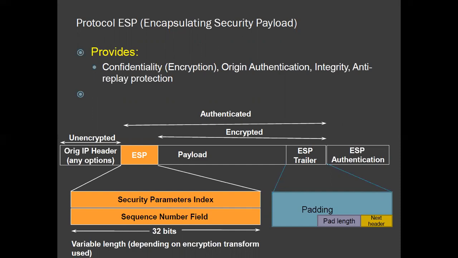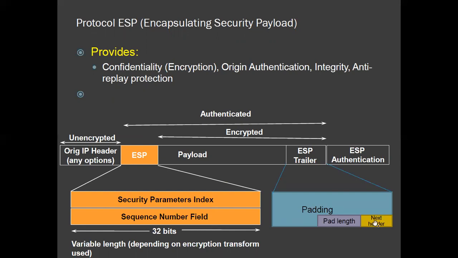Remember, in the Authentication Header protocol, the value of the protocol field of the IP header was set to 51, whereas when the IP datagram is carrying ESP, the value of the protocol field of the original IP header is replaced with the value 50, and a field inside the ESP trailer, called the next header field.